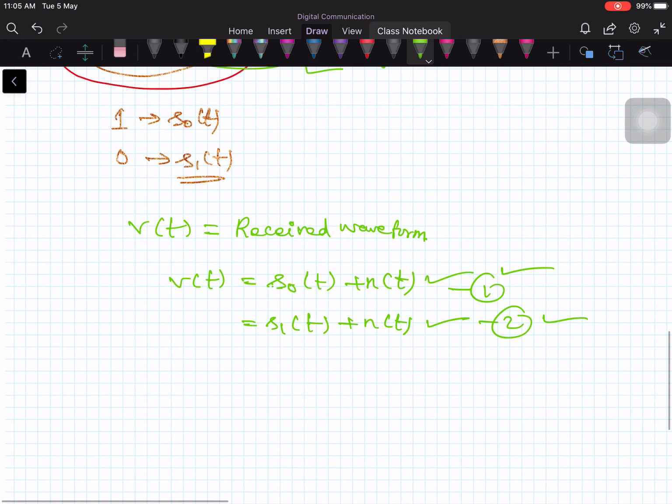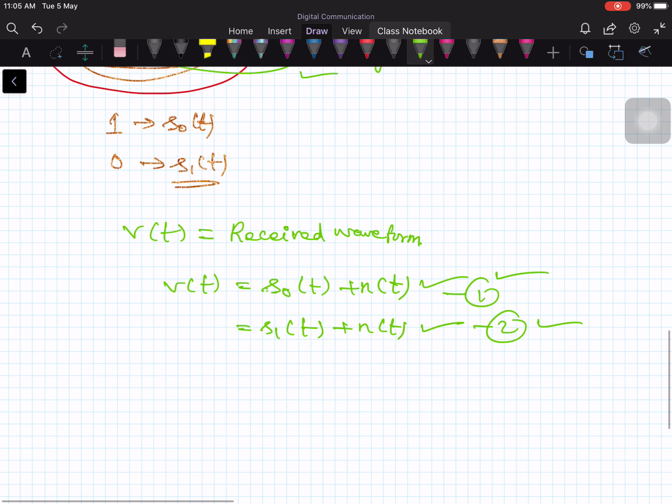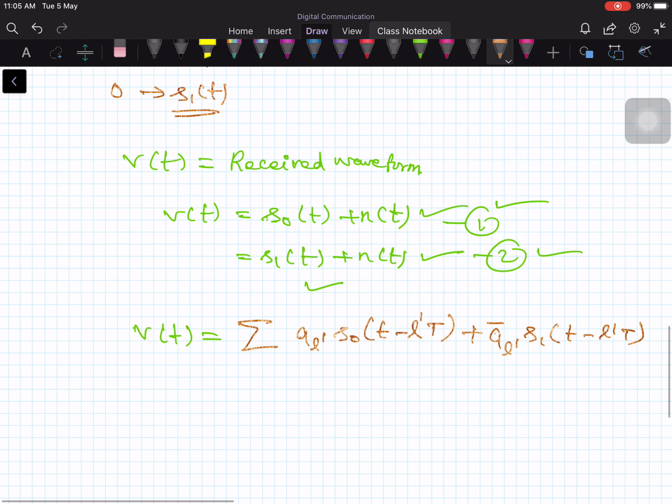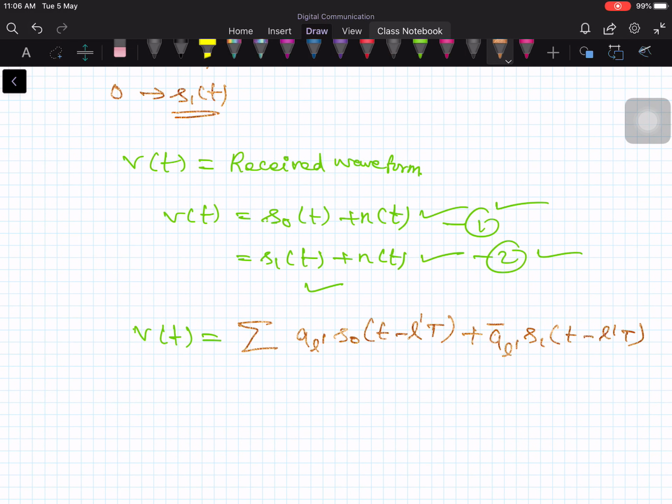Now the received signal can be written as a sequence of orthogonal pulses. You are not transmitting only one pulse, you are transmitting many pulses. Therefore, in general, your v of t can be written as the sum over L prime of AL prime s0 of t minus L prime T, plus AL prime bar s1 of t minus L prime T. So this is the sequence of orthogonal signals.